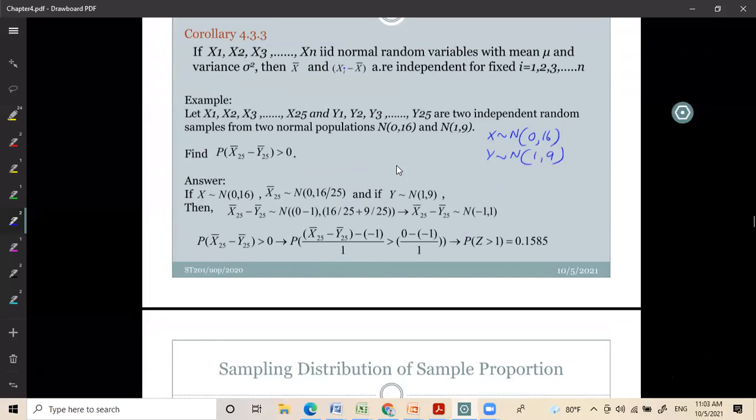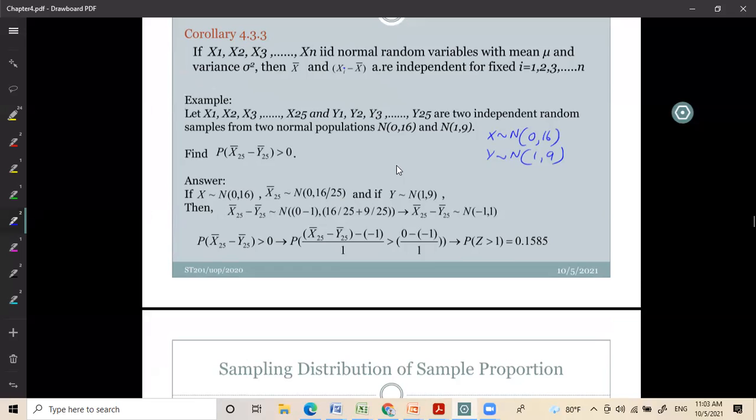The mean of x bar is the same as the population mean. The mean of y bar is again the same as the population mean. The variance of x bar is sigma squared over n. So if X is N(0, 16), x bar is again normal, mean is the population mean, variance is 16 over the sample size, sigma squared over n.